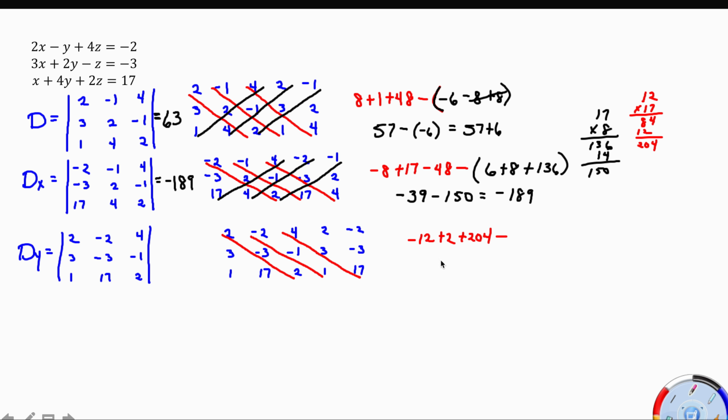And then it's going to be minus negative 2 times 3 times negative 2. So negative 12 plus negative 34 plus negative 12.